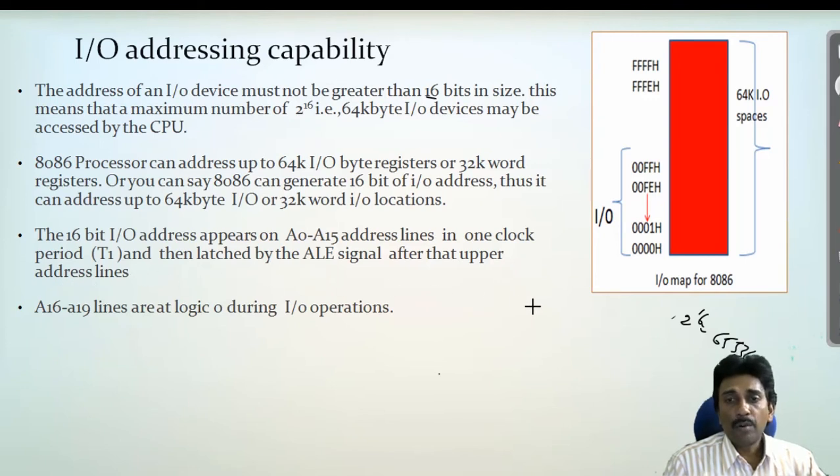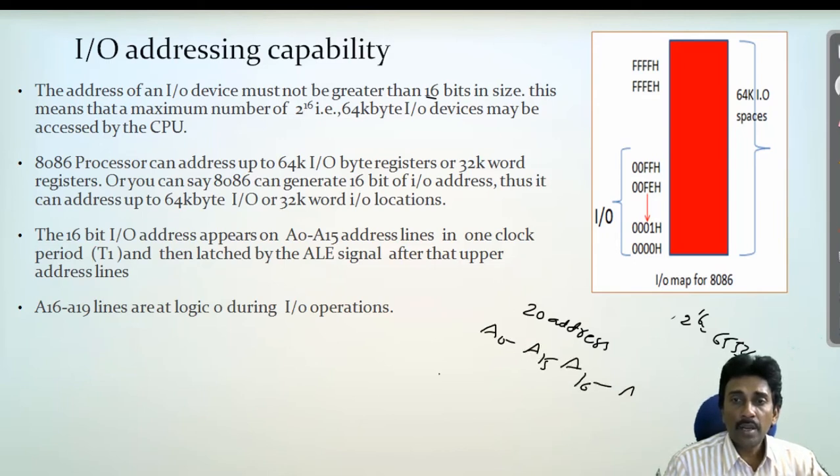So we have 20 address lines. For IO interfacing we use A0 to A15, and the remaining A16 to A19 are configured as 0. Logically, A16 to A19 will be zeros for IO operations.